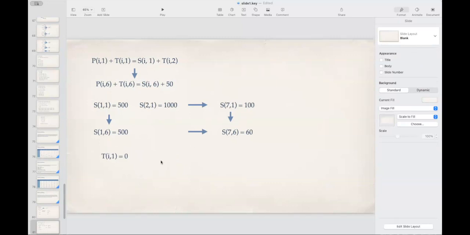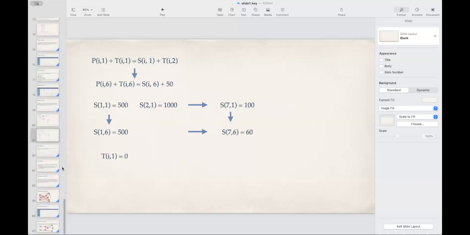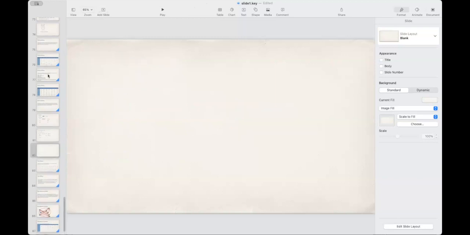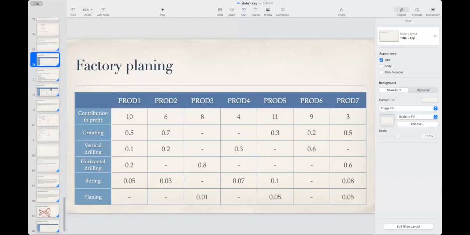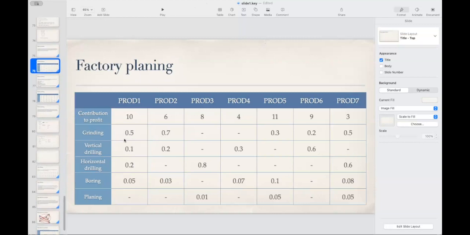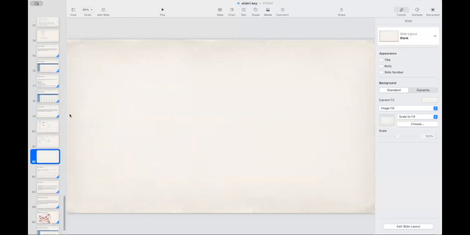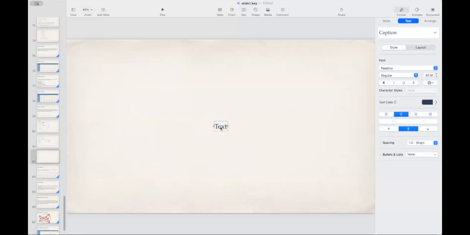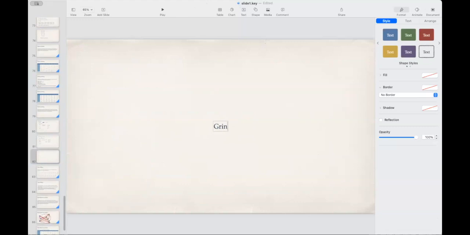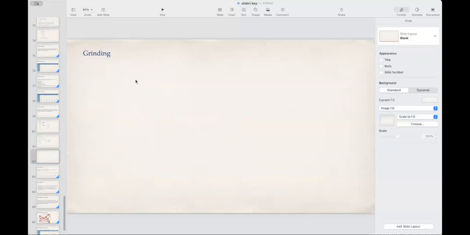Now we move to the constraint on the availability of each machine. We look at the grinder first, the grinding machine. For grinding, look at the first month first.